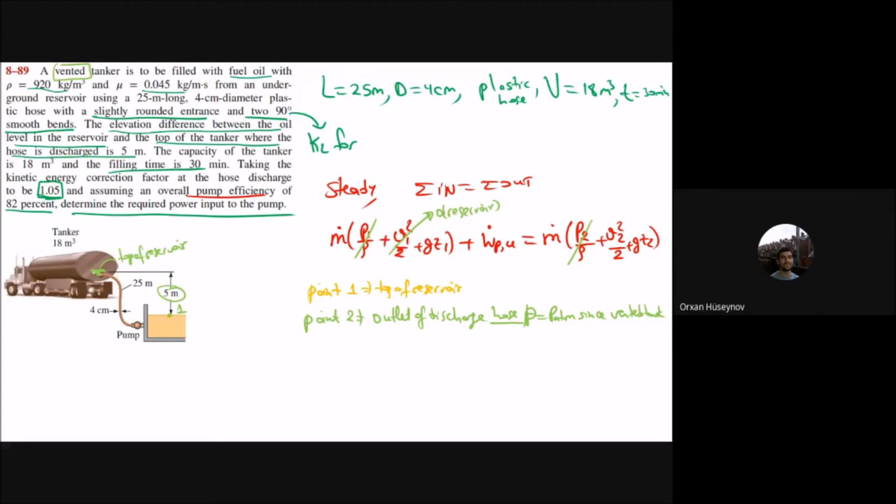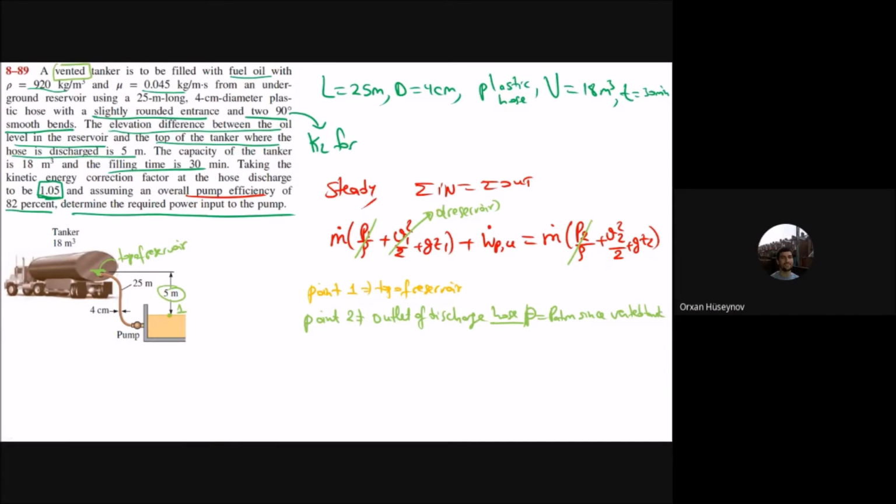But the problem with the previous case was that if I take, for example, the reservoir height here, this reservoir height will change because the tank is not so large. It should fill. As it fills, the height changes, and this height will be a time variable value. Therefore, it is not a good option to choose the reservoir.